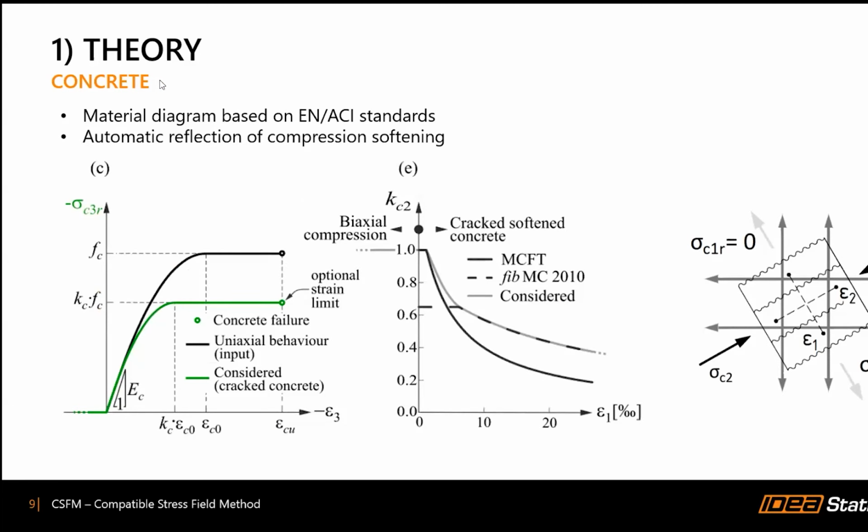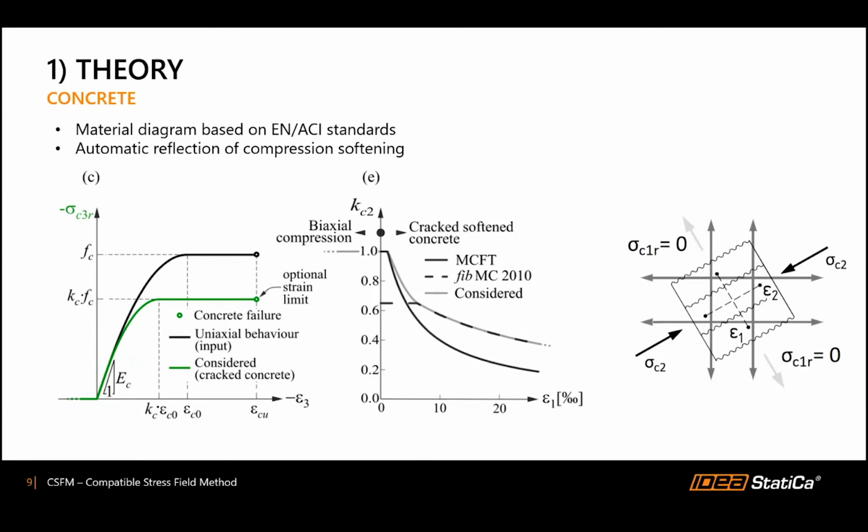Now, how we handle the concrete material properties and material diagrams. The material diagrams are based on the Eurocode and the ACI standards. You can choose whether to design a structure based on the Eurocode or ACI standards. What is very important is that we consider what is called compression softening.